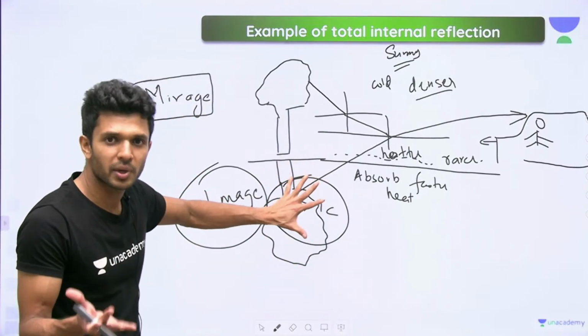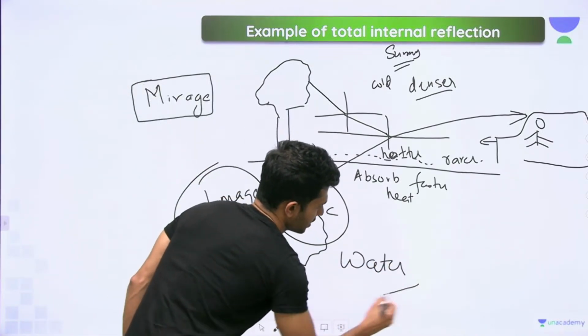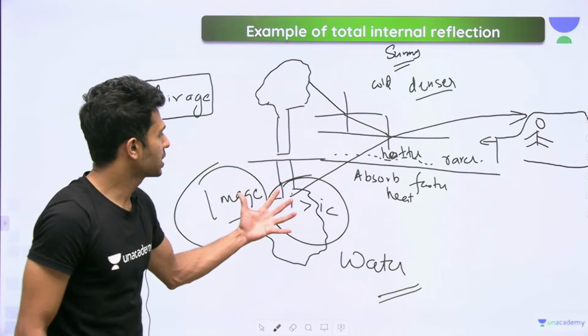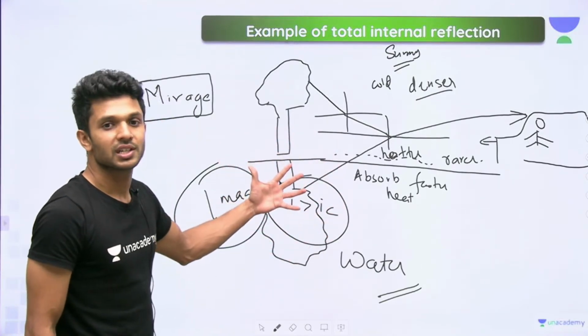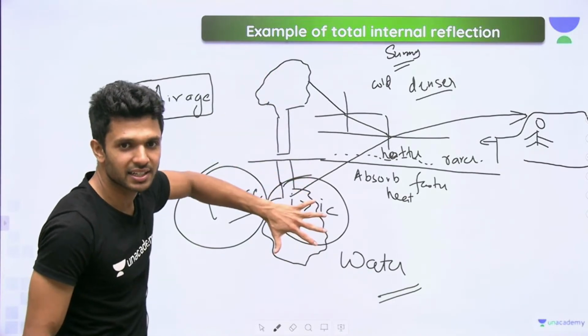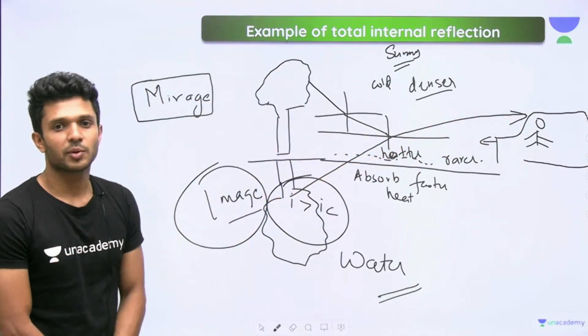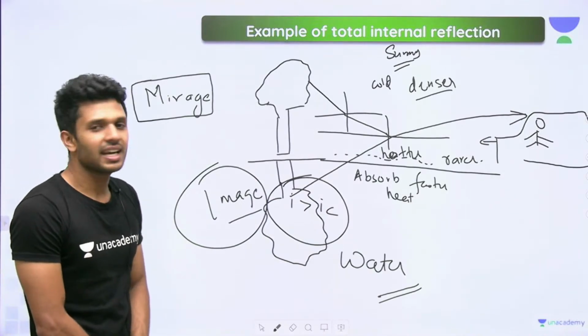And which is one of the common reflecting surfaces you can assume? Water. So you will assume that a water body is present on the surface of the road, which is making this tree get reflected, and that is why you are receiving the light ray from this particular point.